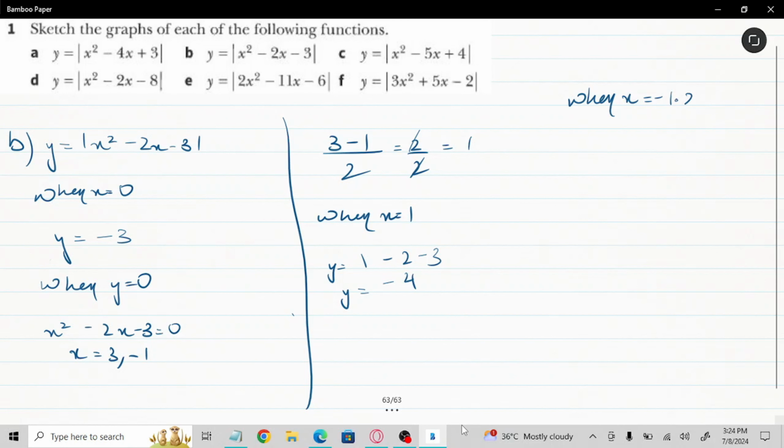So for -1.2, -1.2 squared is 1.44, and minus 4 multiplied by -1.2 is positive 4.8, plus 3. If we add these up, 1.44 plus 4.8 plus 3, we get 9.24. So we have another point: x equals -1.2, y equals 9.24.